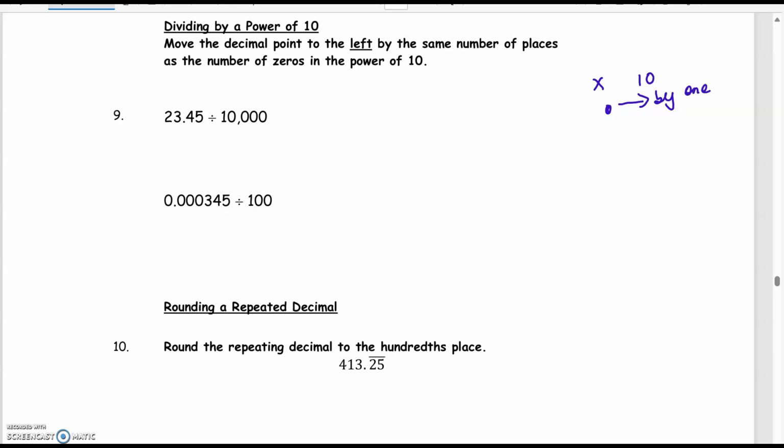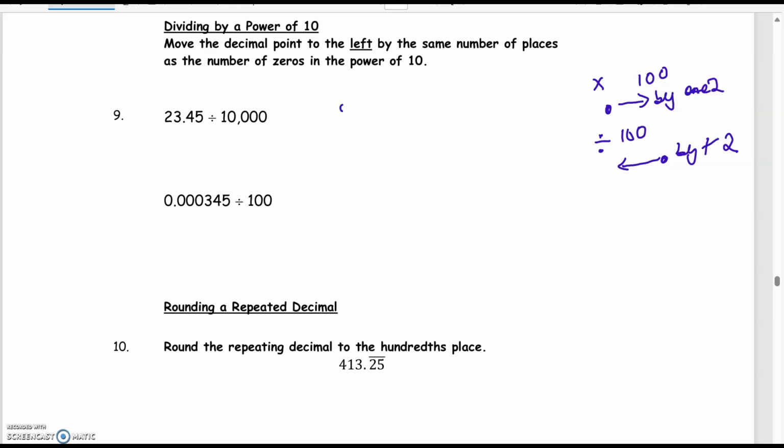Okay, so now if it's 100, then you shift by 2 decimal places, so it's always to the right. But if you're dividing by a 10, then you shift the decimal point to the left by 1 decimal place value. If it's 100, then shift to the left by 2 place values.